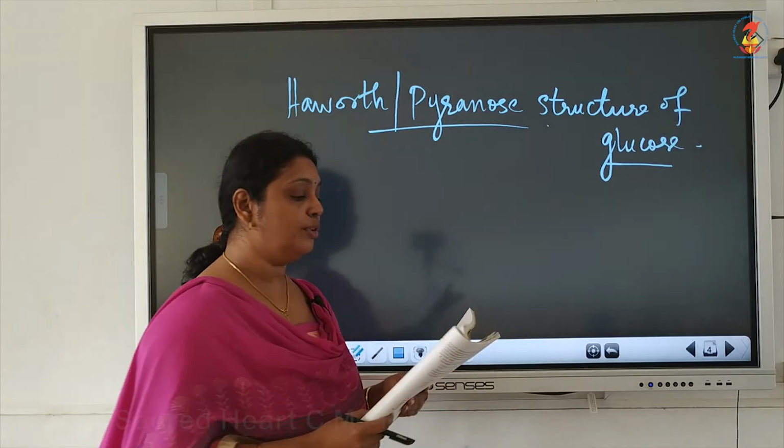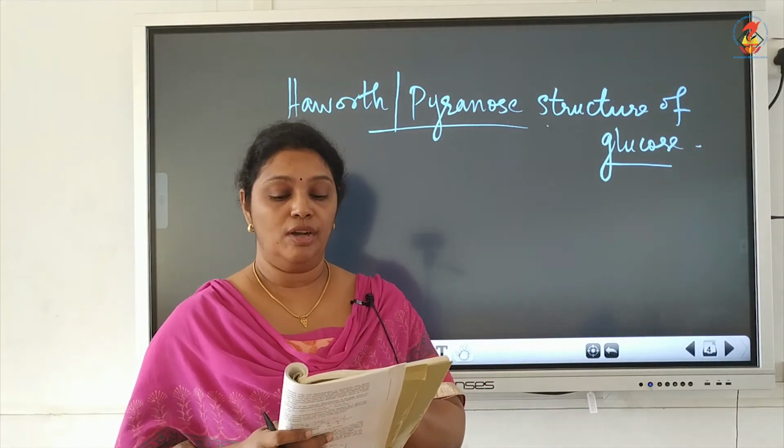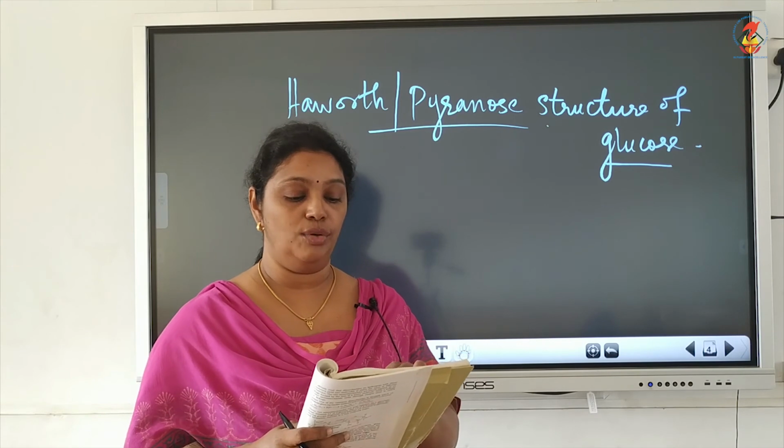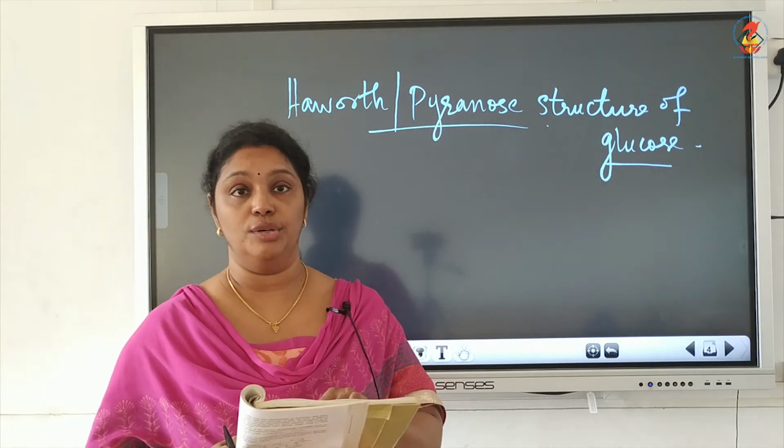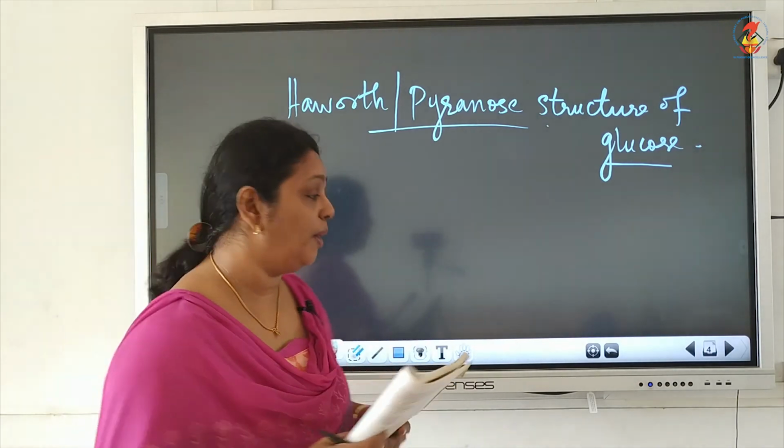Now, Haworth or pyranose structure. Why is it called a pyranose structure? Because the six-membered cyclic structure of glucose can be called a pyranose structure. Why? Because it can be compared with the structure of a compound called pyran.